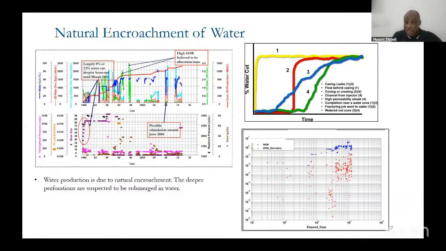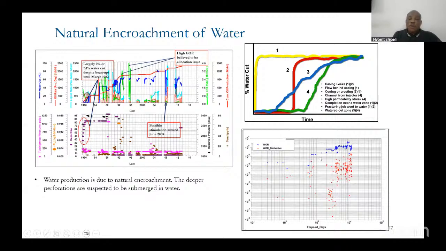The blue curve on the first chart by your left-hand side, that is the water curve. You see how it started, the slope is gentle, then it rose to a high value, which if we compare with the conformance chart that I've shown before, looks like chart 3.